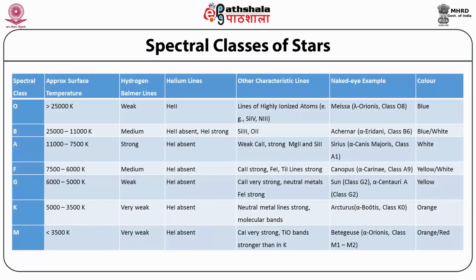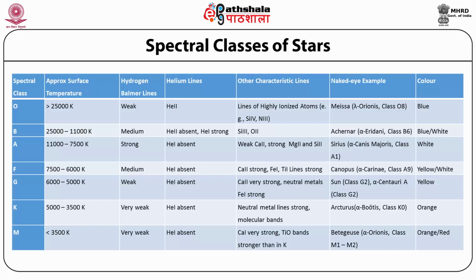Students, this table summarizes the different stellar spectral types and their characteristics. Let us first discuss the O spectral class, which has an approximate surface temperature greater than 25,000 Kelvin, and the hydrogen Balmer lines are weak.